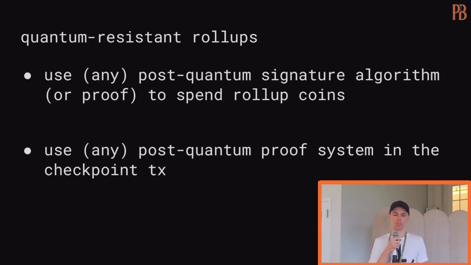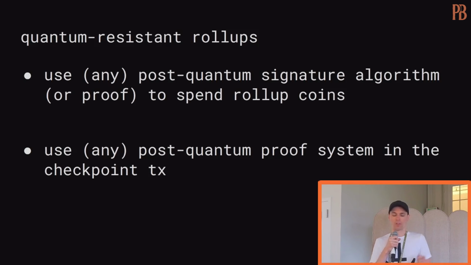And then the second aspect that's important to be post-quantum is the actual proof system for the proof that is going on layer one. In that case, depending on what your layer one supports in terms of the proof system, you could use any kind of post-quantum proof system, post-quantum Stark, or even there are some post-quantum Snark varieties that have been introduced.